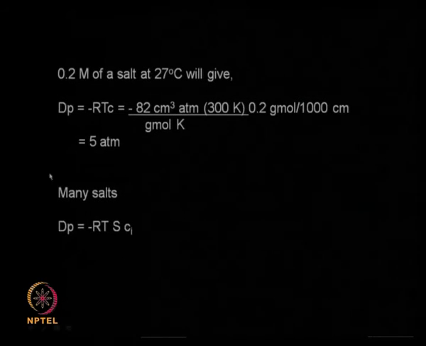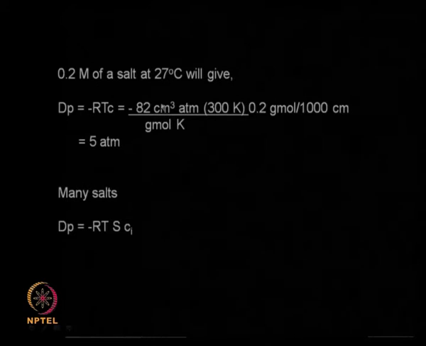Okay, let us look at a simple problem. Imagine I have a salt of 0.2 moles at 27 degrees centigrade. So the delta P you calculate as RTC. R is the universal gas constant, you have to take the correct R depending upon the units, do not forget. T is say 27 degrees, so that comes to 300 K, agreed.